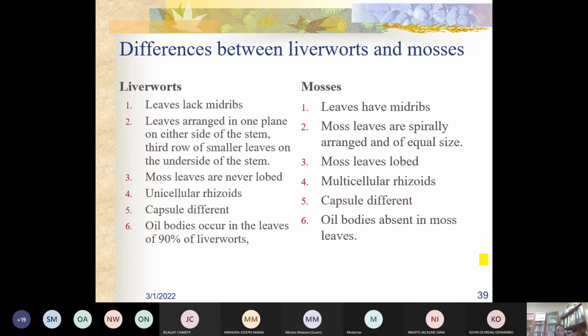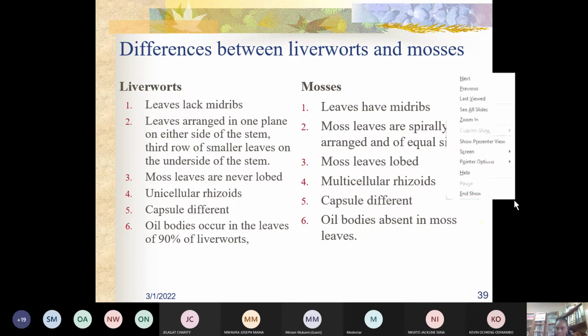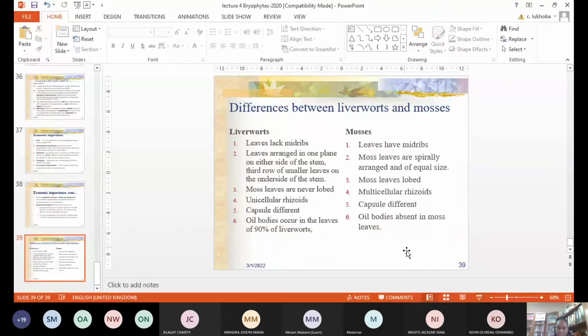You can check the differences. And that brings us to the end of that particular lecture. Any question?